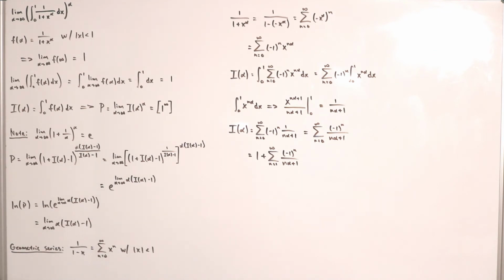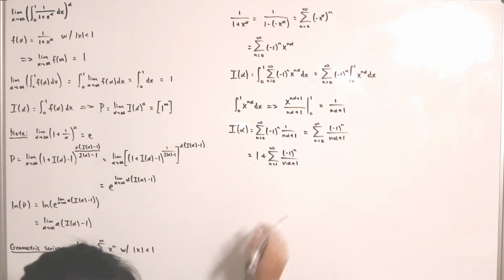So now, going back to what we have here, the limit as alpha approaches infinity of alpha times I of alpha minus 1. Now I can substitute what we evaluated for I of alpha.